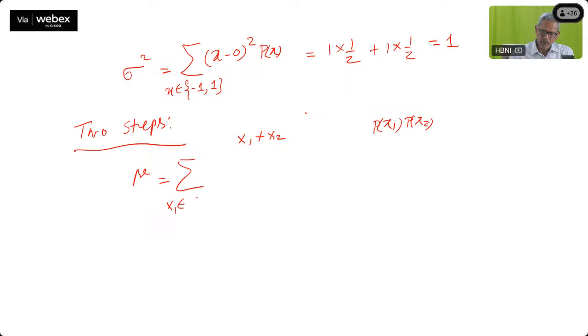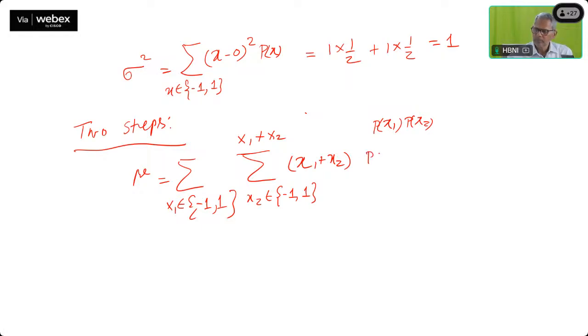Taking x1 plus x2 over the values -1 and +1, you will see this is again 0.